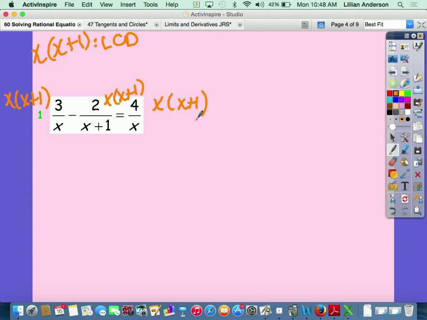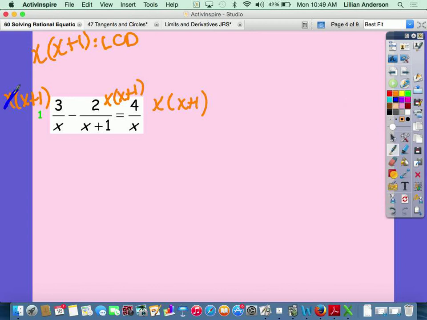Does everybody see that? Because if I multiply the entire left side, that means this fraction, 3 over x, and this fraction get multiplied by it. You're only multiplying the top. Now, the reason I multiply by my lowest common denominator is because I'm trying to get rid of my denominator. This x underneath the 3 is going to cancel out with what?